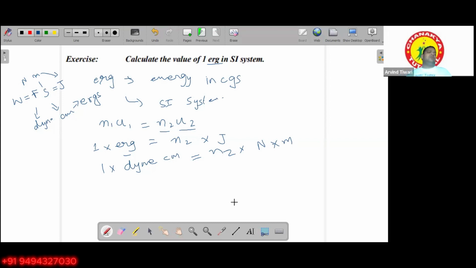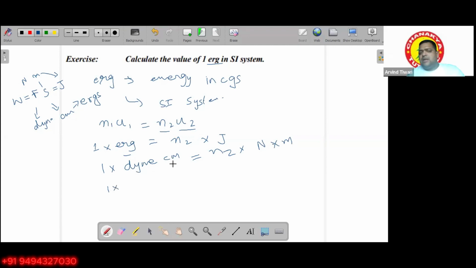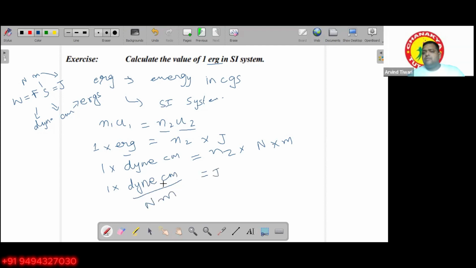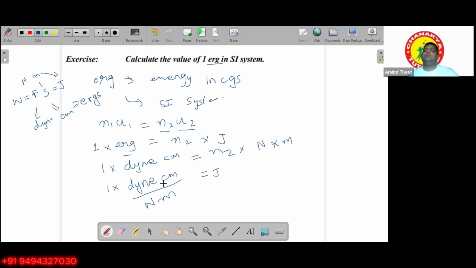You have already done a similar thing. So 1 multiplied by dyne centimeter gives 1 by 10 to the power 7.